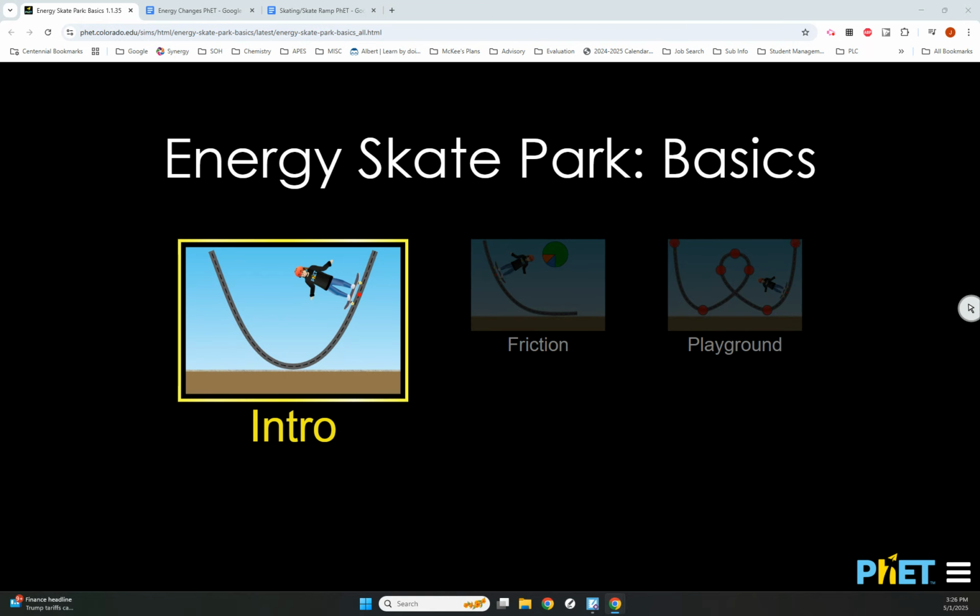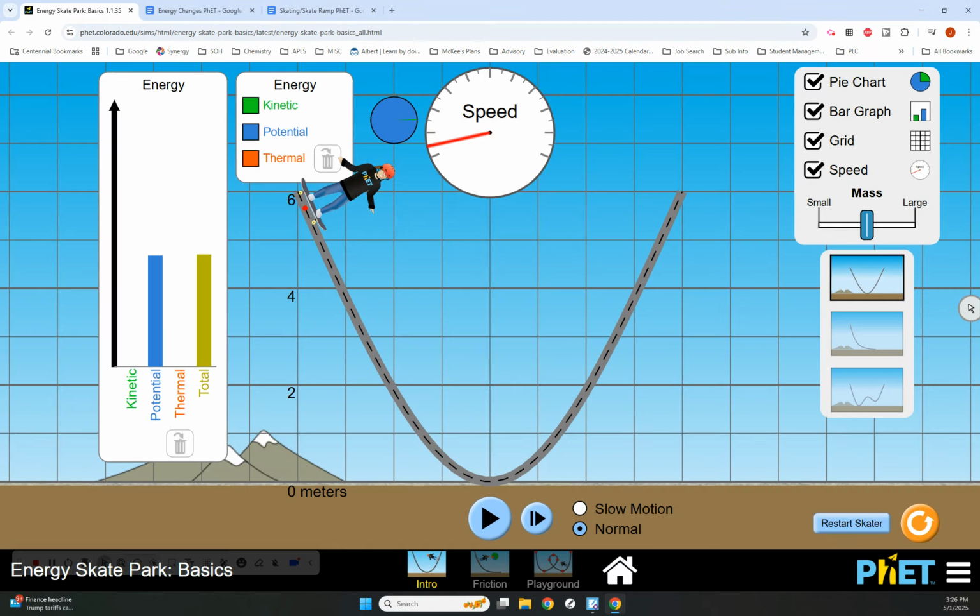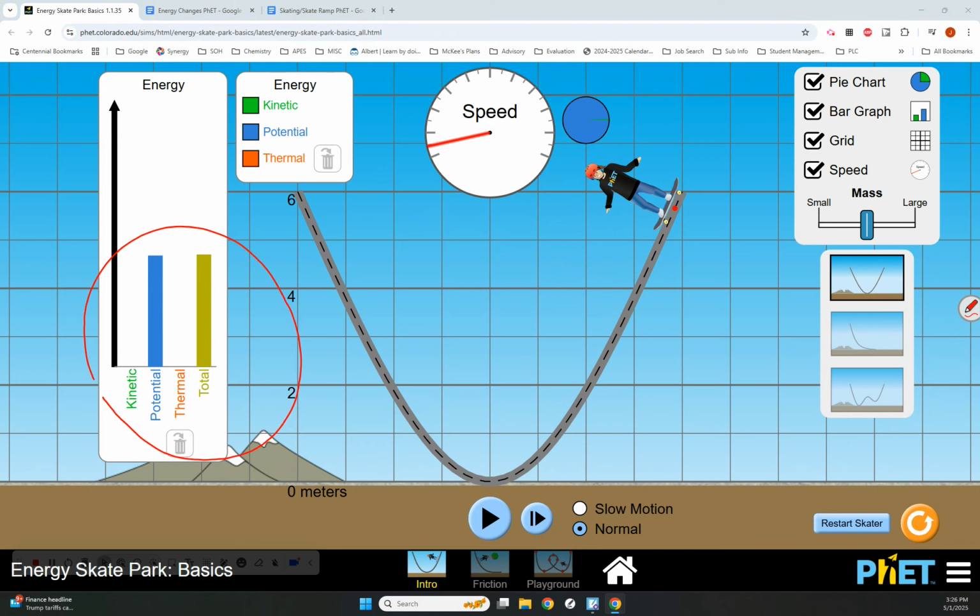So we're going to start here with the intro. That's the skate park system without friction. We're going to get our skater going here, and I'm going to pause this skater at the top of the ramp. I want to draw your attention over here to our bar graph.